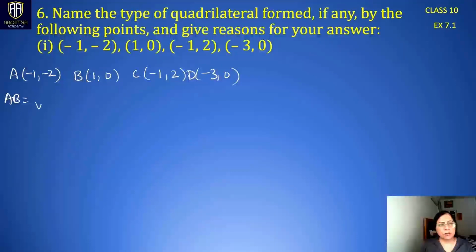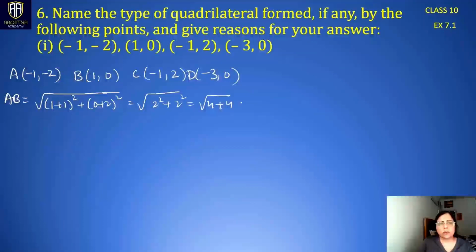That is AB. AB is 1 minus minus 1, which is 1 plus 1, square, and 0 minus minus 2, which is 0 plus 2 square. This is 2 square plus 2 square, that means 4 plus 4 is root 8. That means 2 root 2.